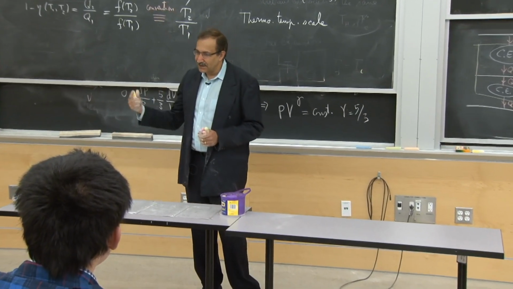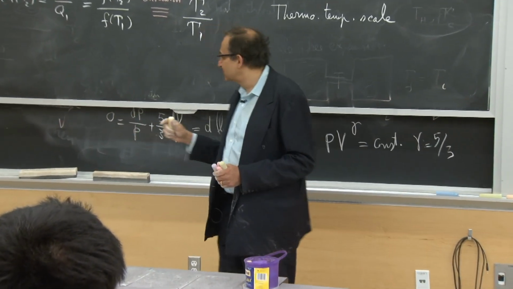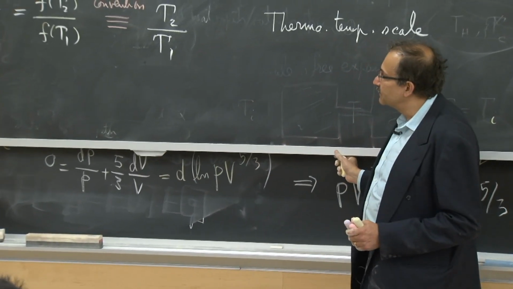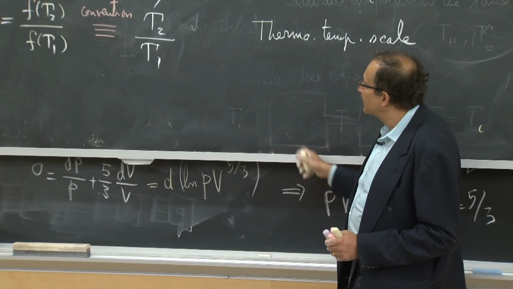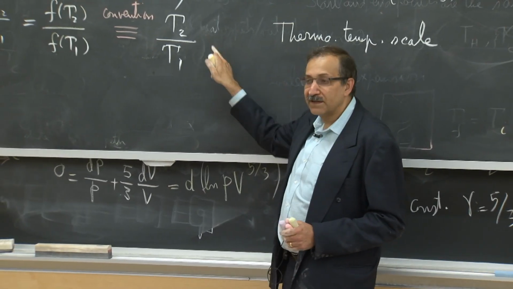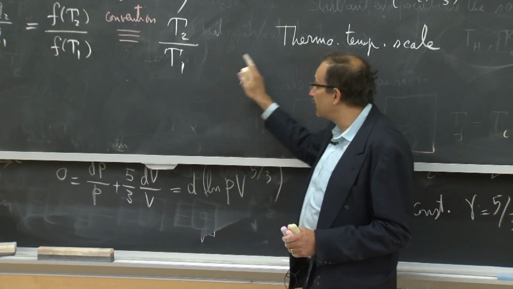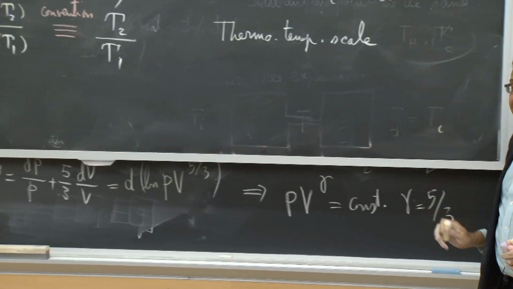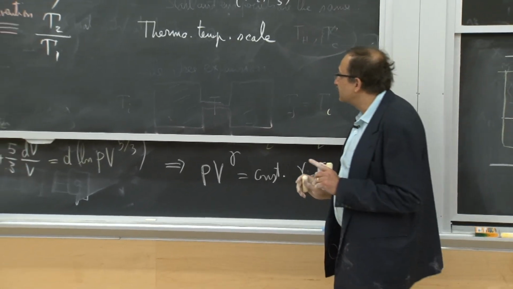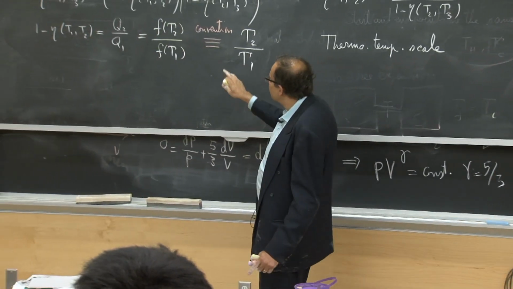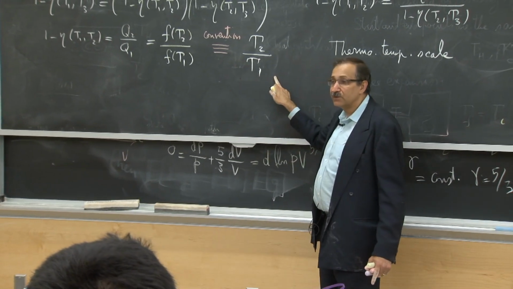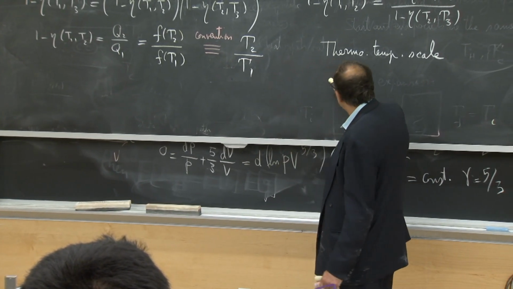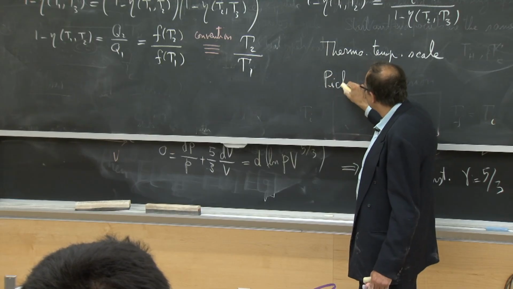So why don't I give that answer first and then come back to it: so far we have defined two temperatures. There is the thermodynamic temperature scale based on these efficiencies. And there is one other statement, which is that this only defines the ratios. So I need to also pick a reference temperature.